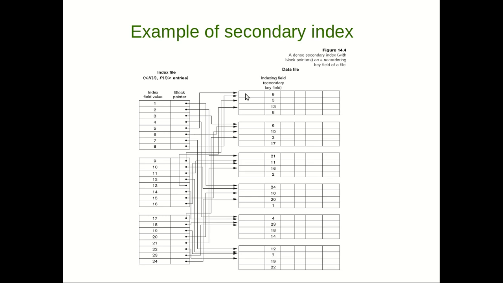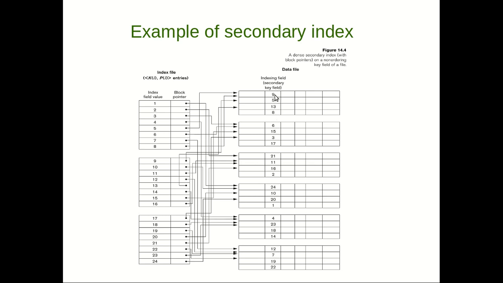In the previous primary index case, the file was sorted on the indexing field, so it would be in increasing order. Here the file is sorted on another field, and you are creating an index on yet another field. For example, this is employee number, this is employee name, or any other attribute. Based on this attribute value, these records are not at all sorted.